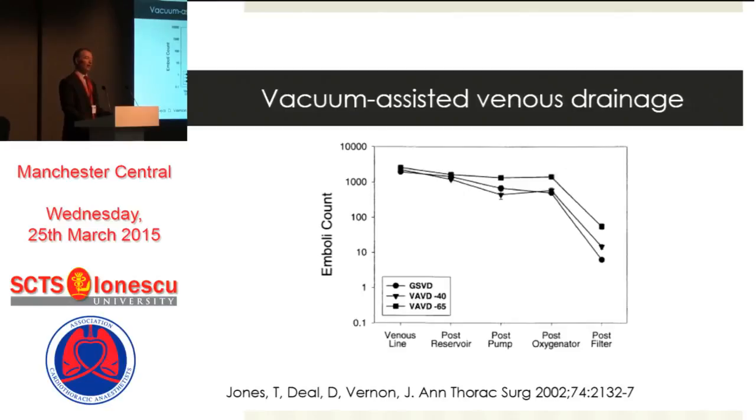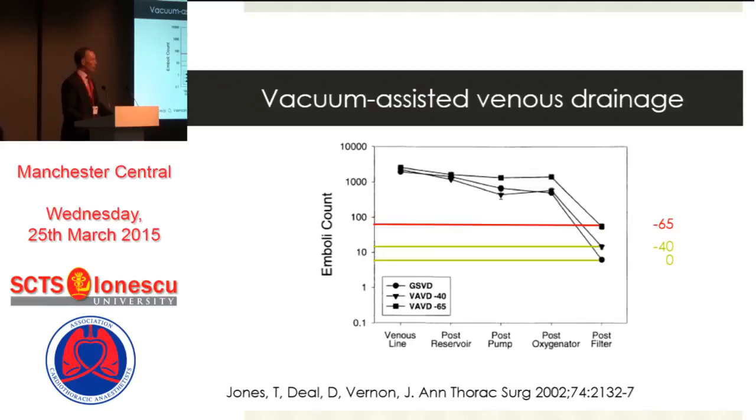So not only does vacuum assist increase the risk of entraining air, if we compare naught, which is gravity, and minus 40 millimeters of mercury, you can see that the bubble counts detected on transcranial Doppler were rather similar and low. But if the negative pressure is increased beyond minus 40, in this case minus 65 millimeters of mercury, there is a considerably larger number of bubbles detected by transcranial Doppler.